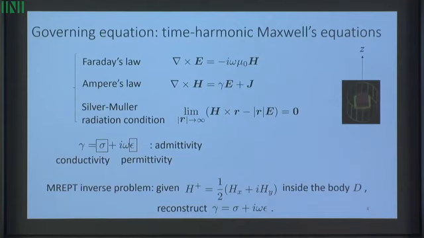So our MREPT inverse problem is as follows. Given the magnetic field H plus inside the human body, reconstruct the distribution of electrical properties gamma. We have two remarks here.